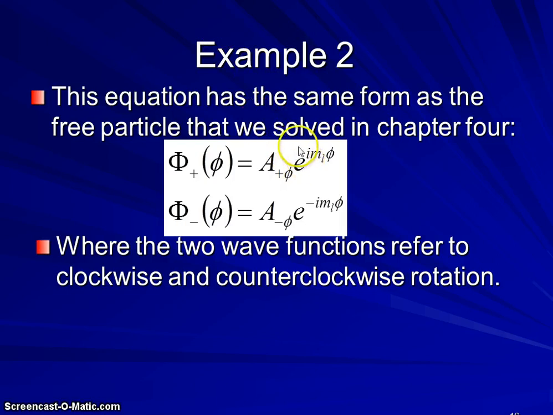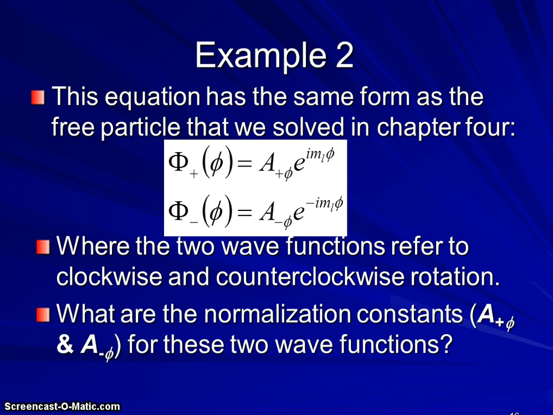And then we've got this exponential, i times the quantum number times the variable. But this variable is an angle rather than a position variable, so that makes the calculus slightly different. And so when we meet in class, we'll solve as an example for the normalization constants for these two wave functions. But the next thing that we want to discuss for ourselves is, what is this quantization variable?